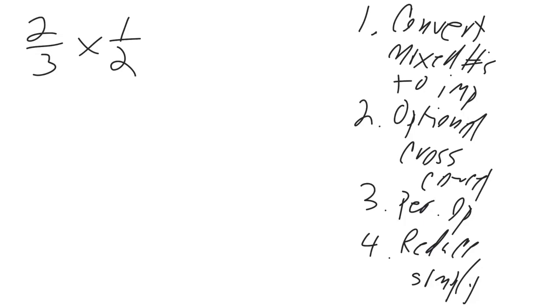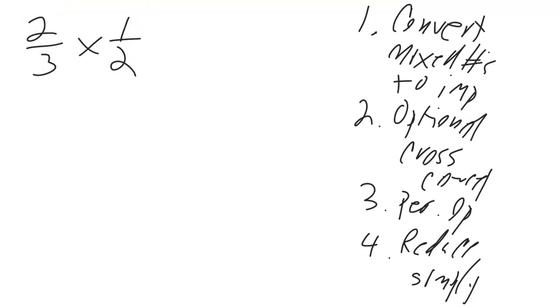Okay, so step two is cross-canceling. What cross-canceling means is across the operation, if there are numbers that have a common divisor, a common number that you can divide from both of these numbers, then you can pull both of those numbers out and they remain equal, because this side of the operation and this side of the operation would be the same.